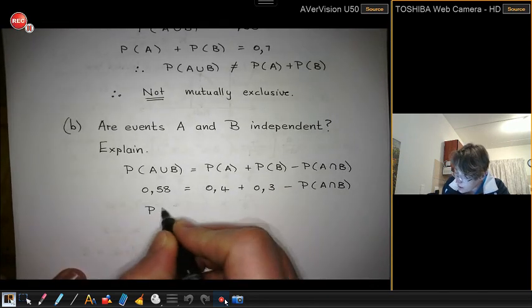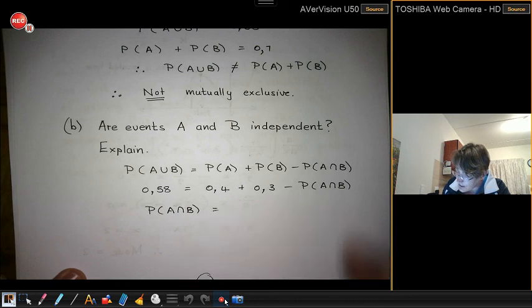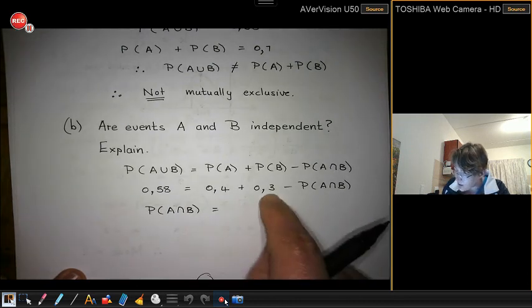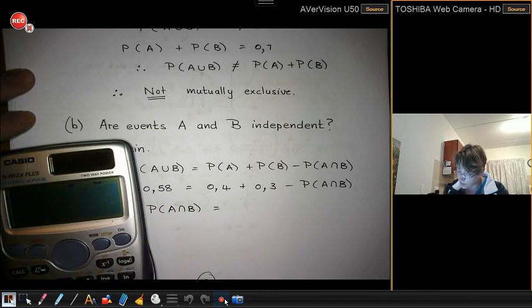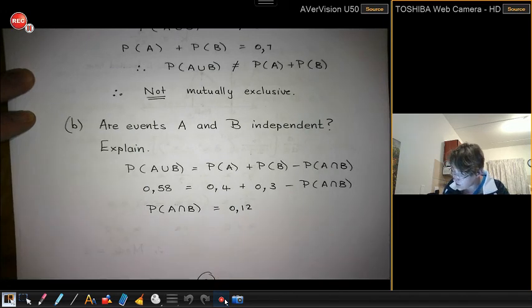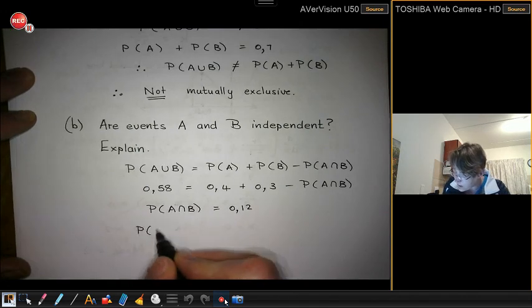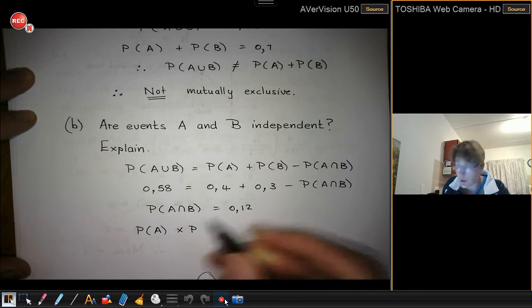So that means the probability of A and B here is then going to be equal to the 0,4 plus the 0,3 minus the 0,58. So that's 0.7 minus 0.58, which gives you 0,12. So now we still need to calculate the probability of A times the probability of B, so we can check whether these two are equal or not.